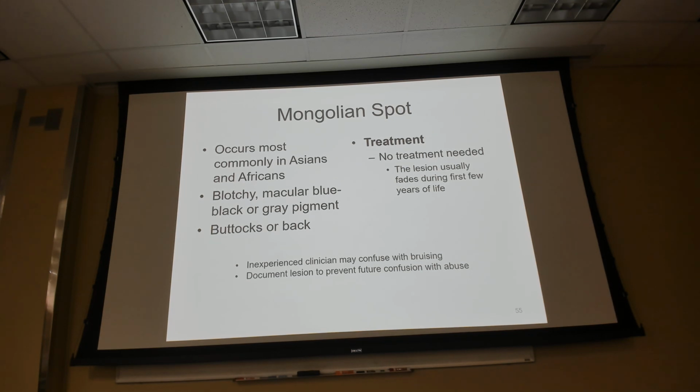This is all the pigmentation, right? So that could be blotchy, it could be macular, and again, it's blue, black, or gray of the skin. On the buttocks or the back, no treatment is needed. As I said, once that infant is growing up and getting older, then it will fade away.